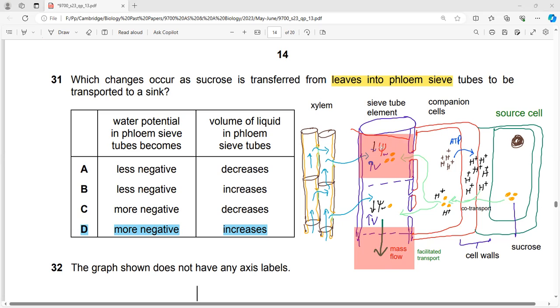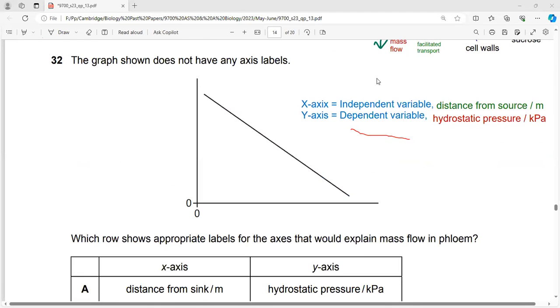So location number 1 will have a high hydrostatic pressure, and if the distance increases, the hydrostatic pressure decreases. It means the hydrostatic pressure depends on distance. So distance is the independent value, and hydrostatic pressure or water pressure in kilopascals is the dependent value. So we should know that. Here two values are given, so we're going to solve this question. Along the x-axis, we always put the independent value.